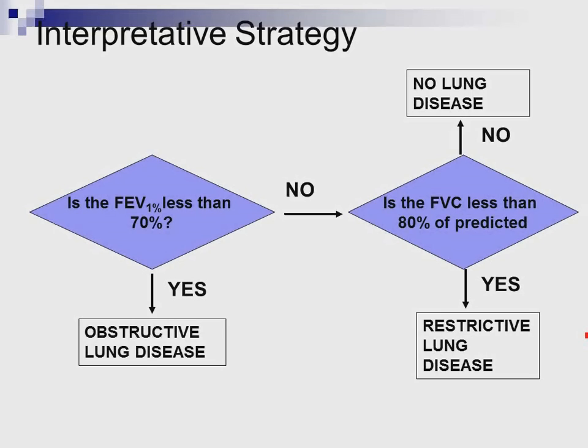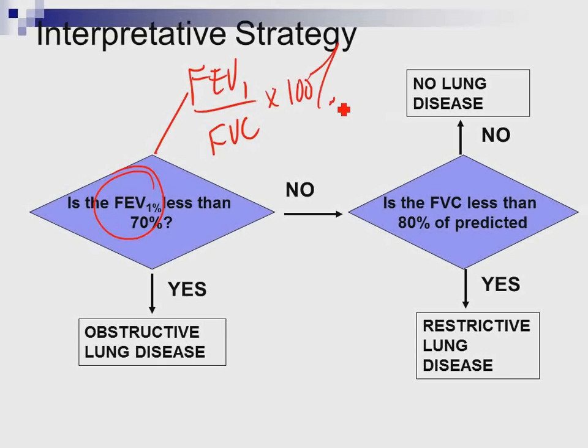First of all, the first step, is you look at the FEV1 percent. So if you remember, what's my FEV1? What's my FVC? Divide the FEV1 by the FVC, multiply times 100%.